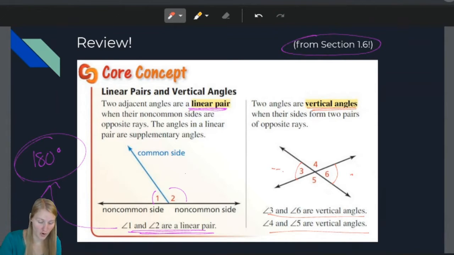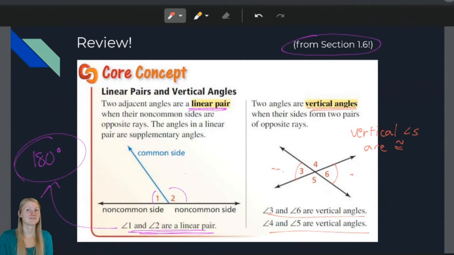And don't forget that vertical angles, you'll remember this from chapter 2, are congruent. So if angle 3 is 60 degrees, angle 6 is 60 degrees. So you need to remember both of these things for our lesson today and for future lessons. Hopefully you already remember them from chapter 1. But if you don't, nice little review of them.